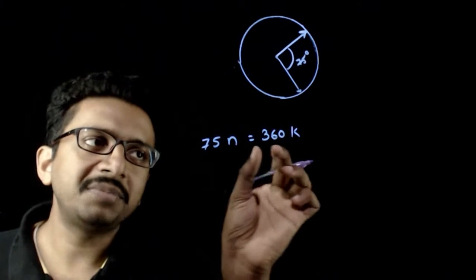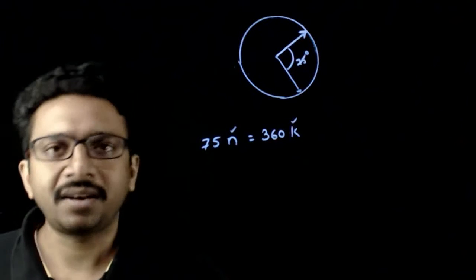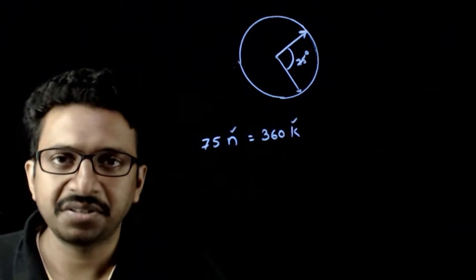So 75 times n has to be equal to 360 times k, where n and k are integers.